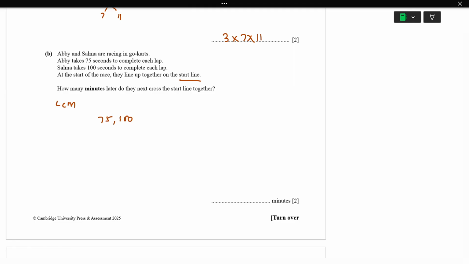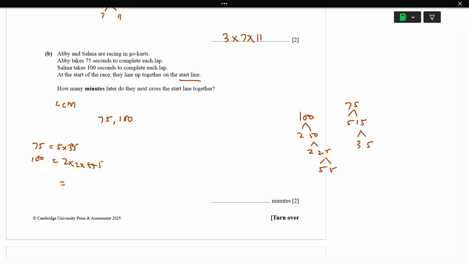So 75 equals 5 times 3 times 5, and 100 equals 2 times 2 times 5 times 5.